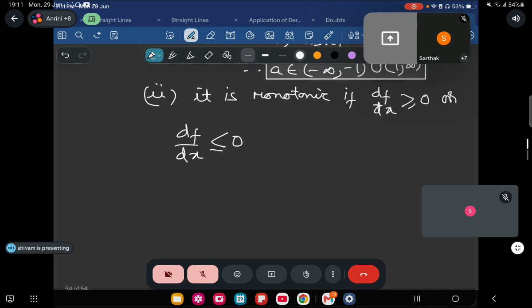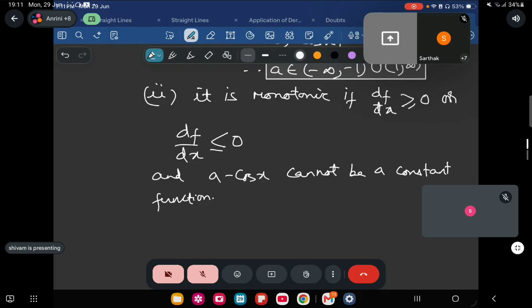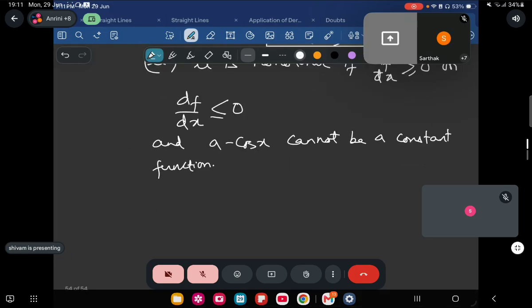Now see, over here, a minus cos x cannot be a constant function, which is not possible for any constant a.